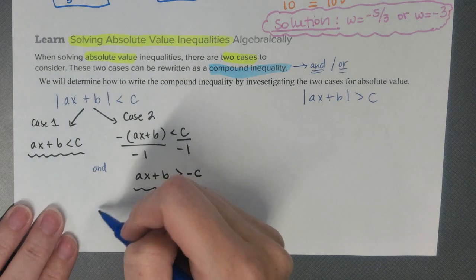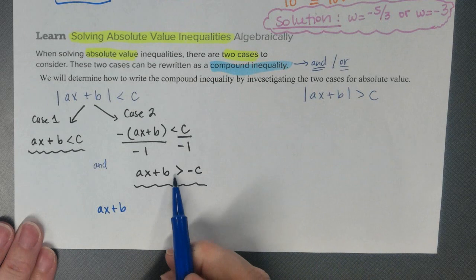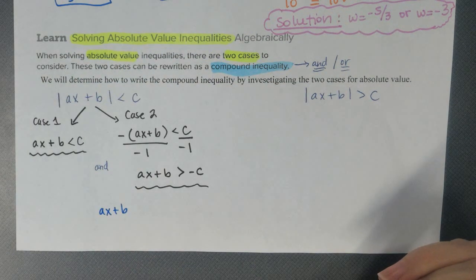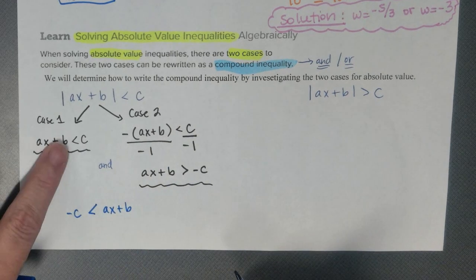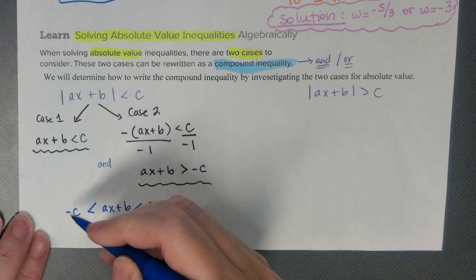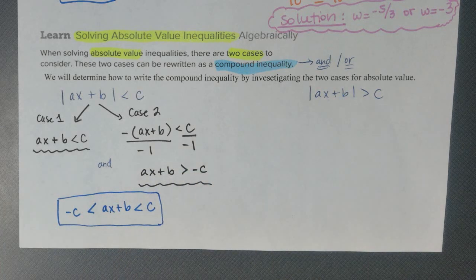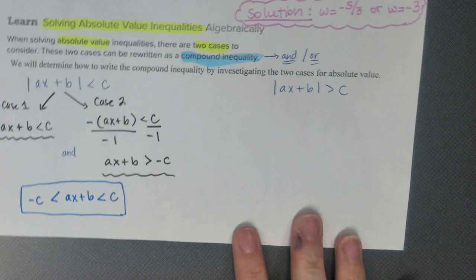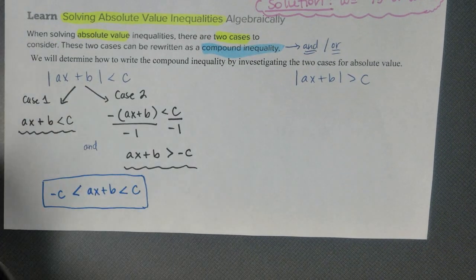We write the ax plus b in the middle, and then see how the greater than, did you guys learn this with the alligators? They eat the bigger number, right? So this is greater than -c, and at the same time it is less than c. This is the compound inequality for your AND situation. So yes, we can have numbers that are less than the positive value and also greater than the negative value. This is something we're going to organize in our chart.